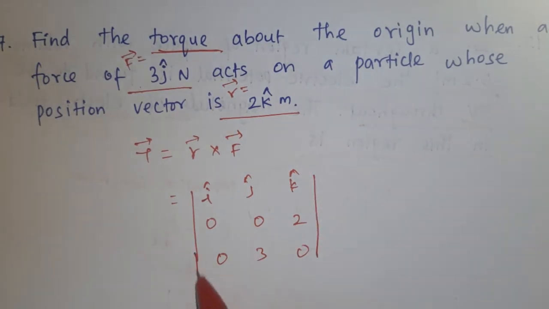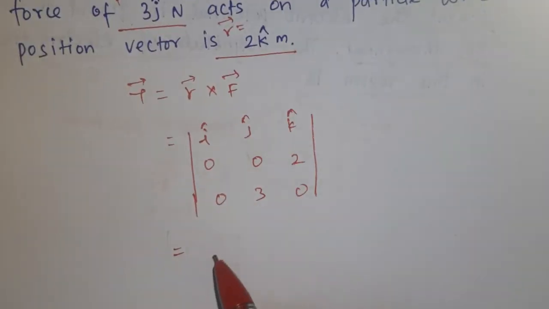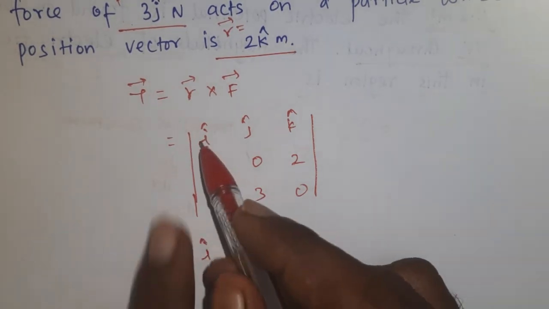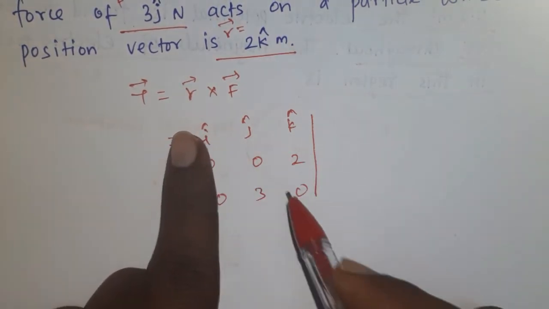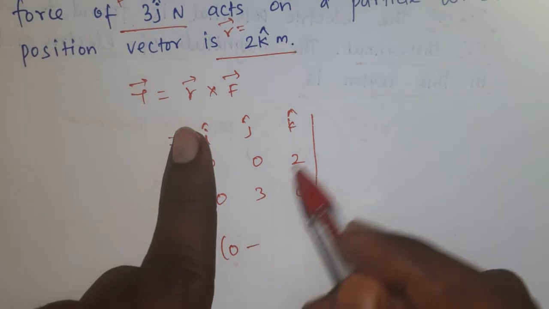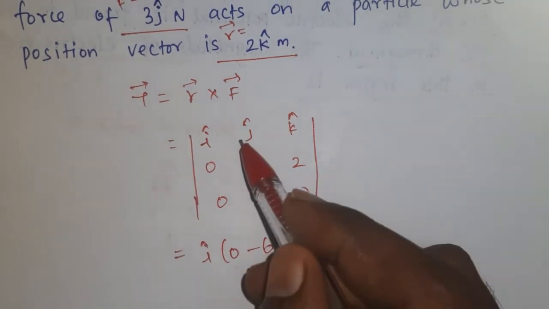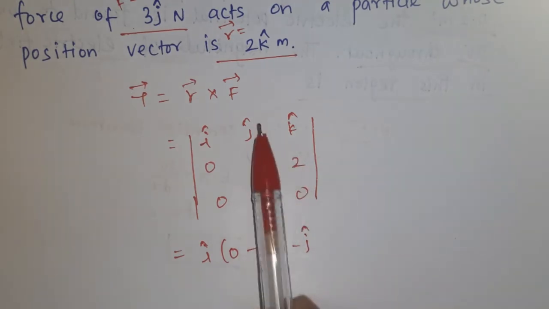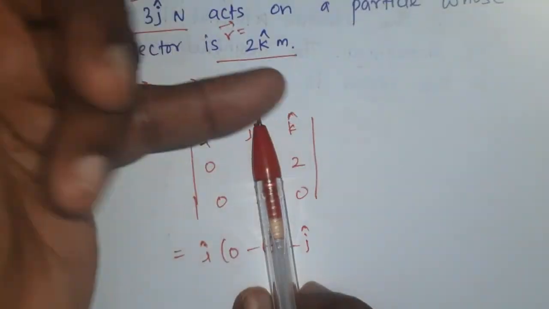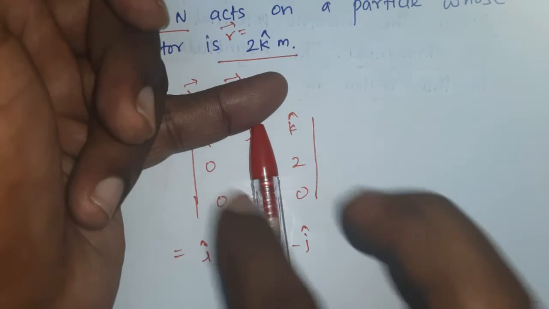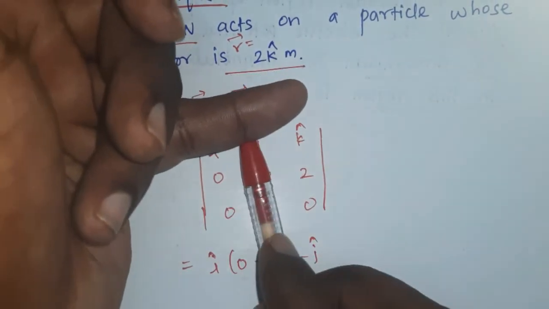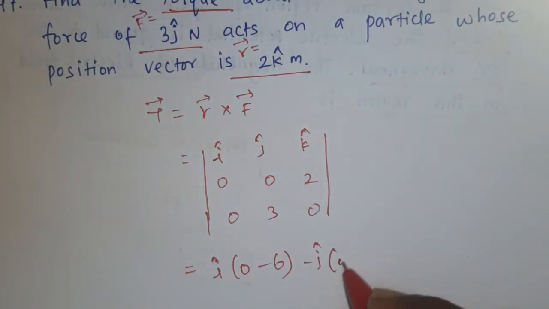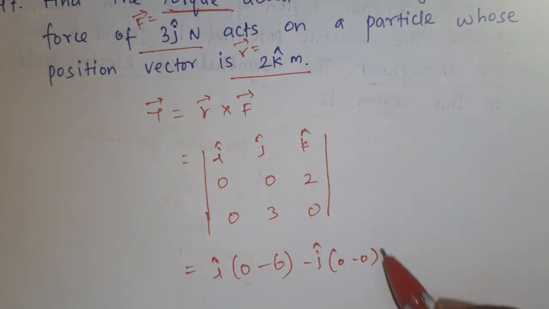We know the determinant product concept. i cap times 0 zeros are 0 minus 3 twos are 6. Next minus j cap. Then we hide this row and column. Then 0 zeros are 0, 0 twos are 0, so 0 minus 0. Next plus k cap.